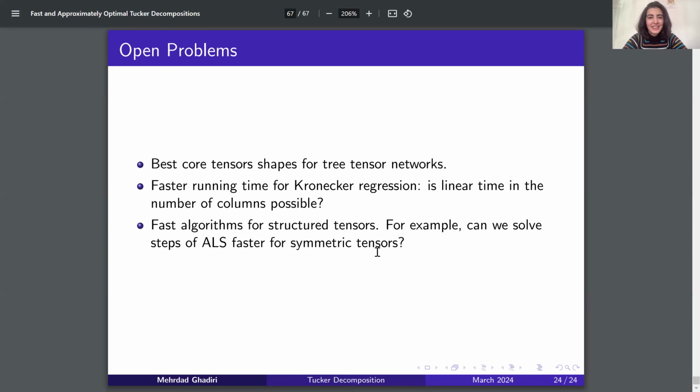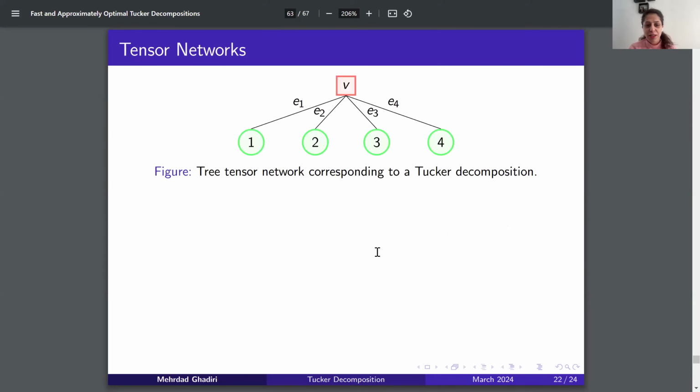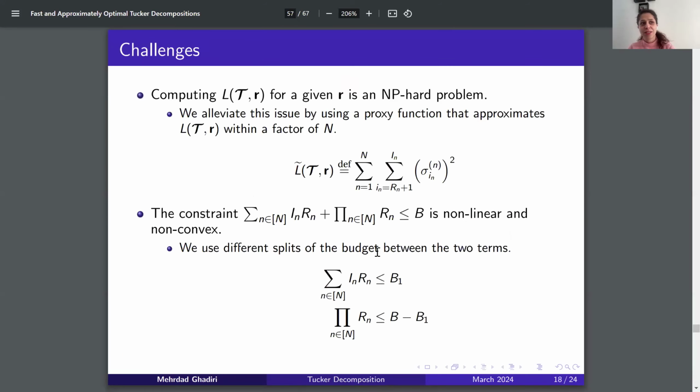Thanks, Mehrdad. I have a very quick and minor question if you have time. Yeah, sure, go ahead. Slide 18, the property that you define. I don't know if you know about the degree of freedom. I saw it in one of the papers by Agniva.